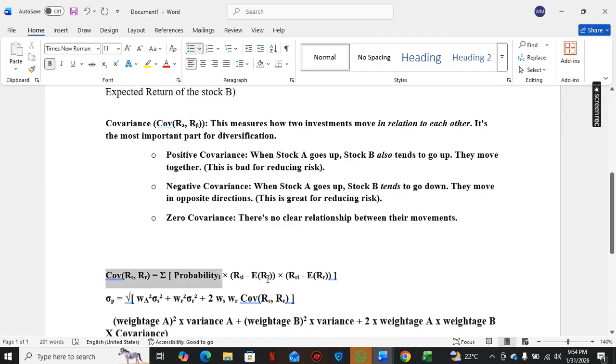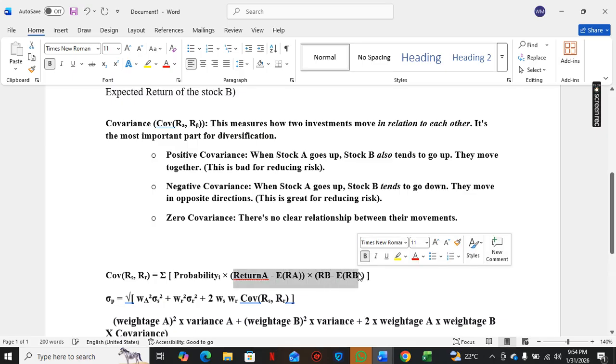So this is how you get the covariance. The probability multiplied by the return of A minus the expected return of A, multiplied by the return of B minus the expected return of B. Remember, these are the deviations we calculated earlier on.